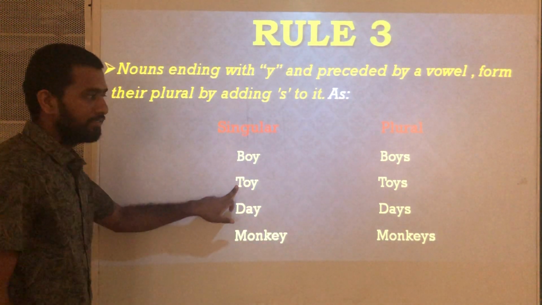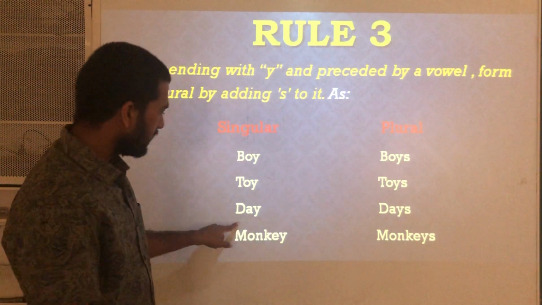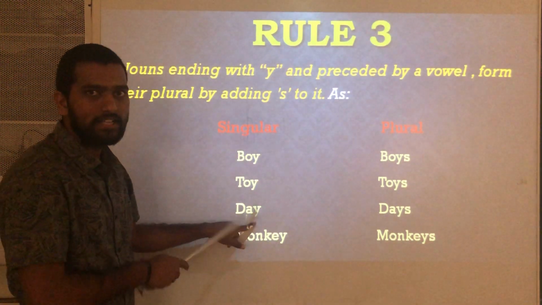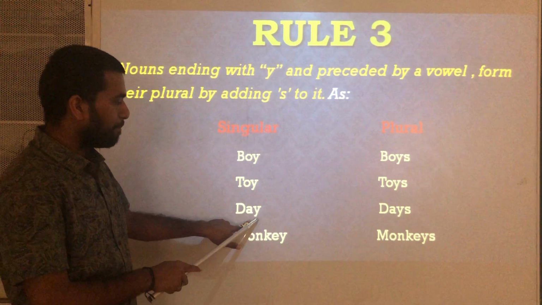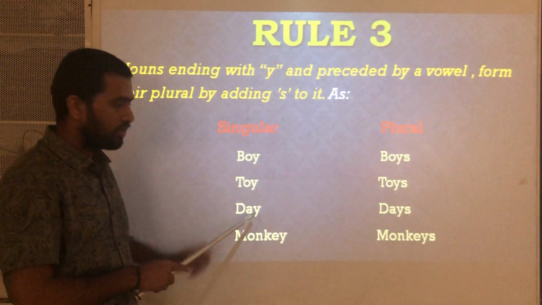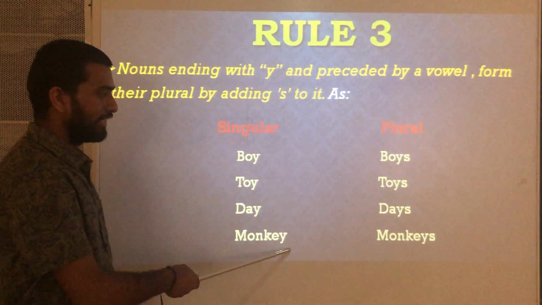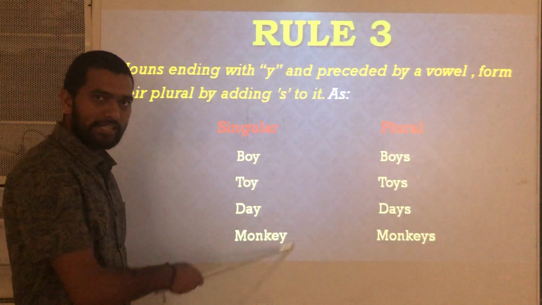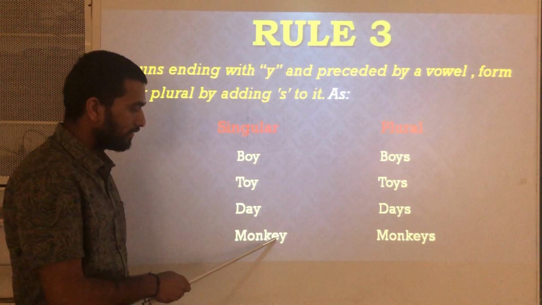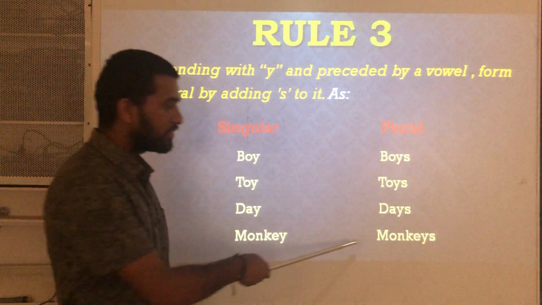Next, toy, toys. Next, day, days. See here, y is the last letter, and before this y a vowel is there, a, yes or no? So day, days. Next, monkey: y is the last letter and before it a vowel is there, e. So monkey becomes monkeys.